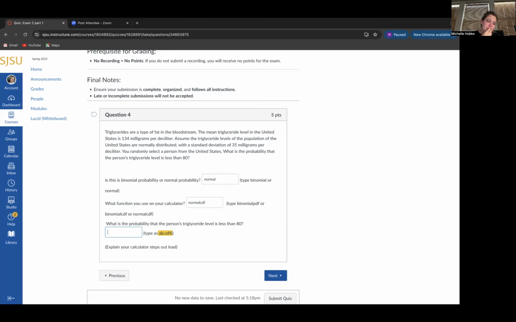All right, so the standard deviation is going to be Z equals 80 minus 134 divided by 35. And then I am getting 0.0618.